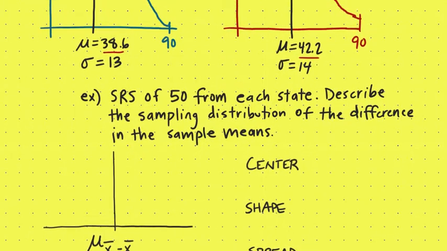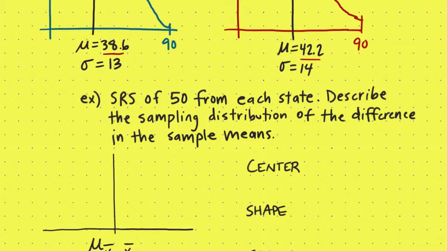First of all, it is going to be centered at mu of x bar 1 minus x bar 2. That's the average of the differences of the means of all the possibilities of those two samples, and it is equal to mu1 minus mu2.